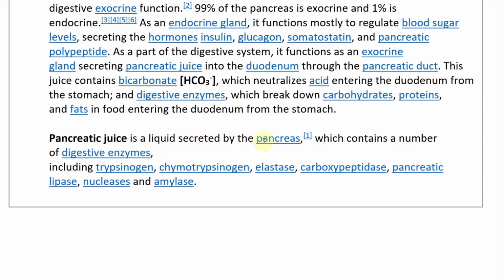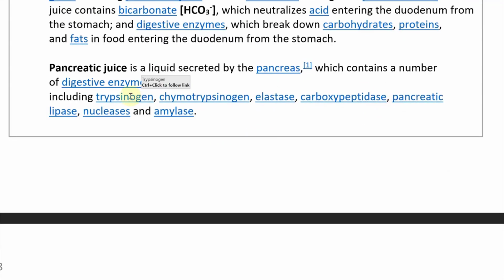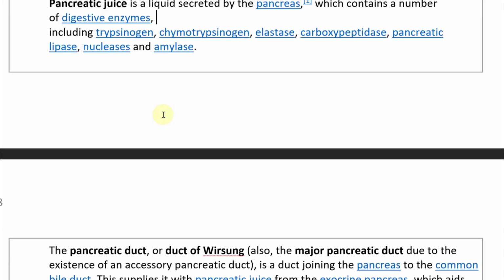Pancreatic juice is a liquid secreted by the pancreas, which contains a number of digestive enzymes, including these enzymes: trypsinogen, chymotrypsinogen, elastase, carboxypeptidase, pancreatic lipase, nucleases, and amylase.